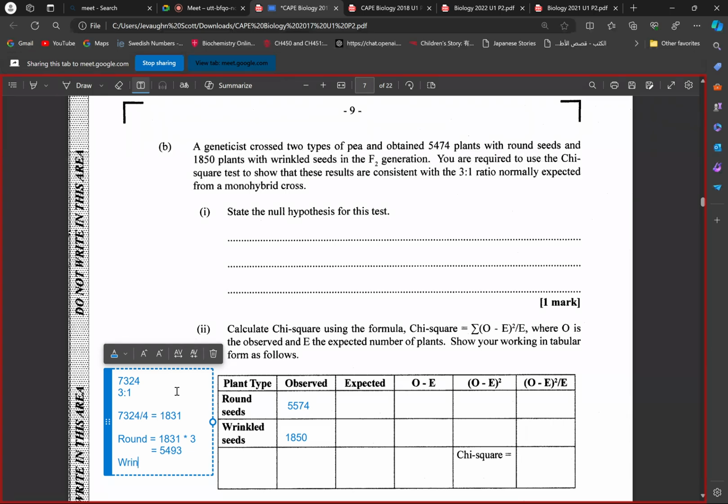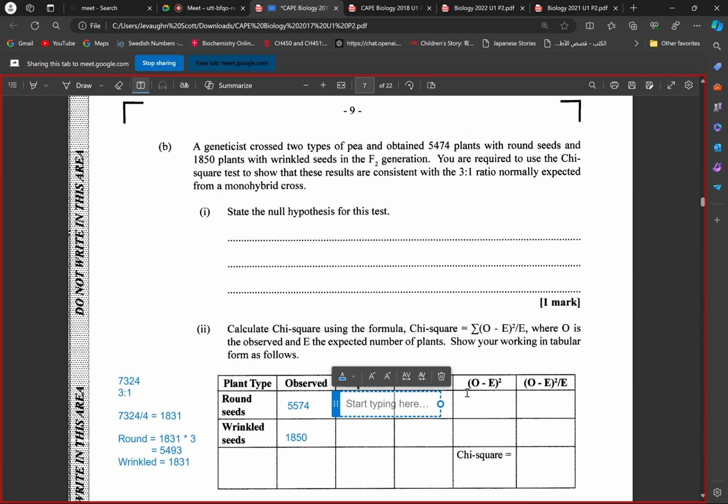For the wrinkled seeds we have just 1,831. With that information, we start plugging in our values. So our expected would be 5,493 for round and 1,831 for wrinkled.